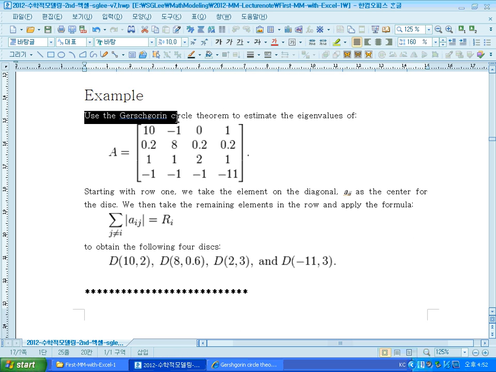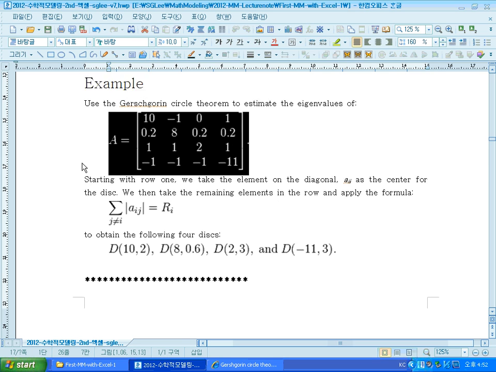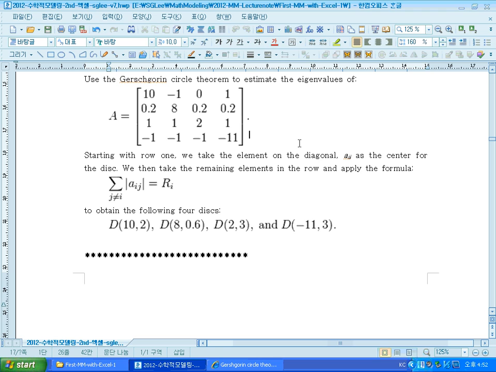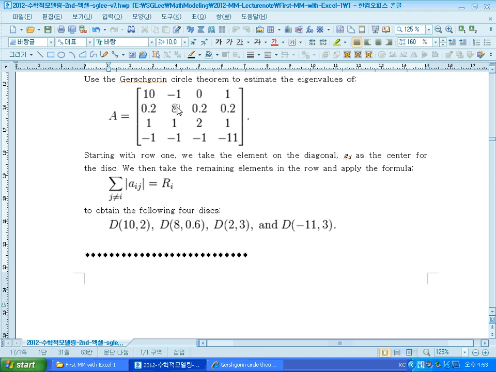Example: use the Gershgorin circle theorem to estimate the eigenvalues of this matrix. Okay, what we can tell is all eigenvalues of this matrix are located in the union of these four circles, which were made with these entries. First one, centered at 10, and the radius is the absolute value of -1 plus the absolute value of 1, which is 2.